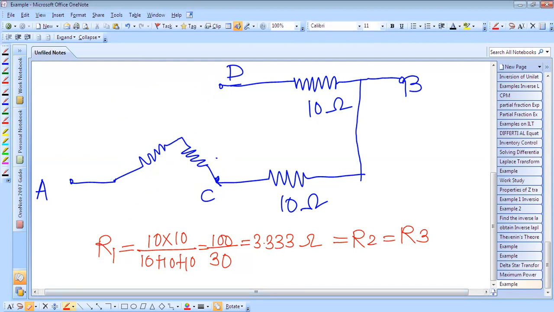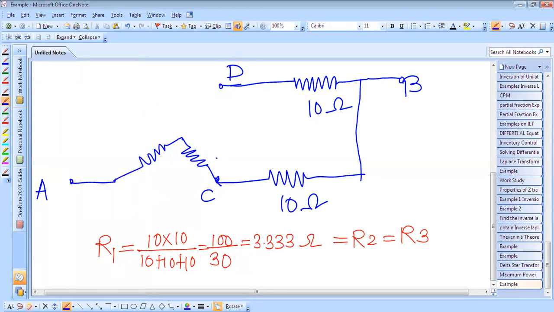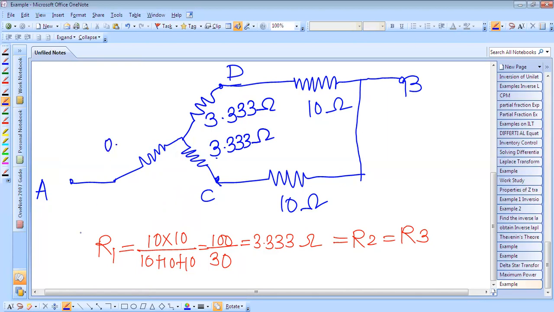Okay, we have converted delta into the star, and what value we have got here? All these values, they are same. This is also 3.333 ohm.